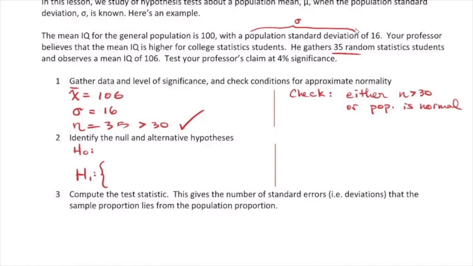So you can say that mu is less than some number, mu is greater than some number, or mu is not equal to some number.